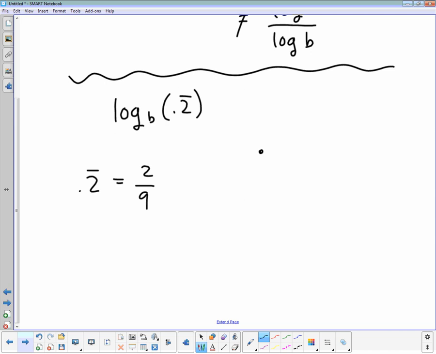So if you have 0.313313 repeating, that's equal to 313 over 999. Now, of course, you can simplify that. No, you can't. But sometimes you can, right? It's a nice trick.